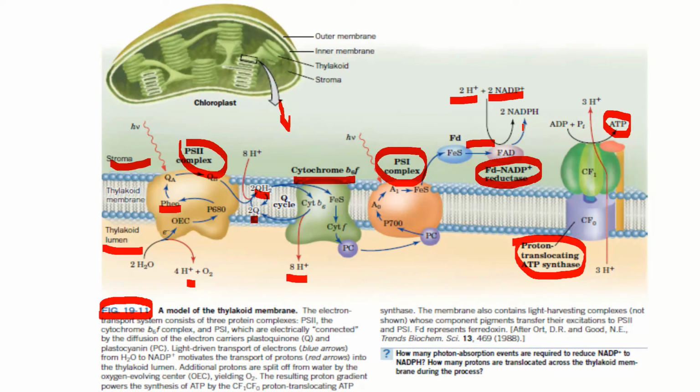You know that this light reaction is consuming light, it is consuming water, and it is producing ATP and NADPH plus H plus. And these NADPH plus H plus and ATP are going to be used in the dark reaction. So make a note of it and keep it in your mind.